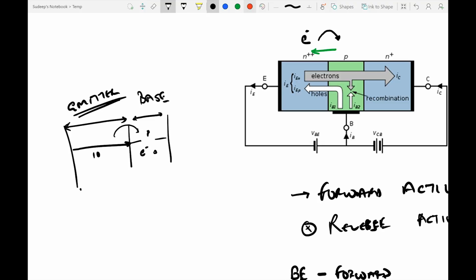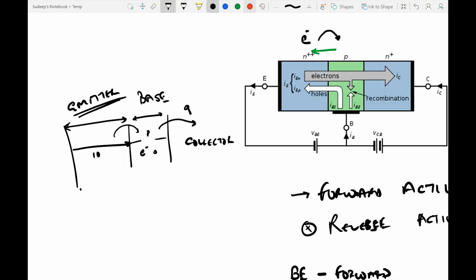The rest of the 9 electrons, because of their velocity, would carry on to the collector region, and that is why the name comes. The emitter is the one emitting the electrons, which are the majority charge carriers in an NPN transistor, and finally the collector is the one collecting them.